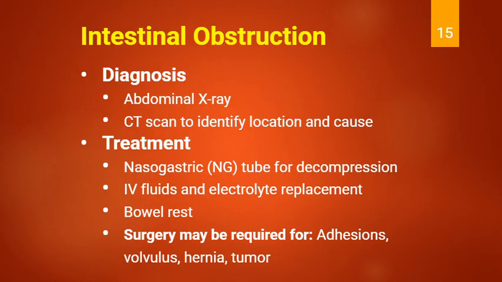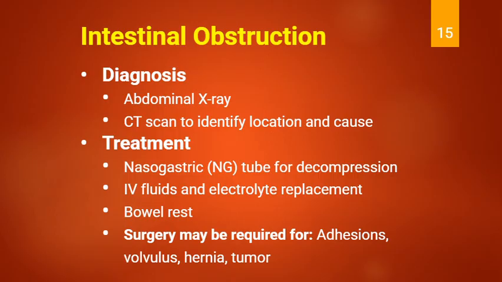Diagnosis of intestinal obstruction typically begins with imaging studies. An abdominal X-ray may show dilated bowel loops or air fluid levels that suggest obstruction. A CT scan is frequently used because it can more accurately identify the location and cause of the obstruction and detect complications, such as ischemia or perforation. Initial treatment focuses on stabilizing the patient and relieving pressure in the intestine.